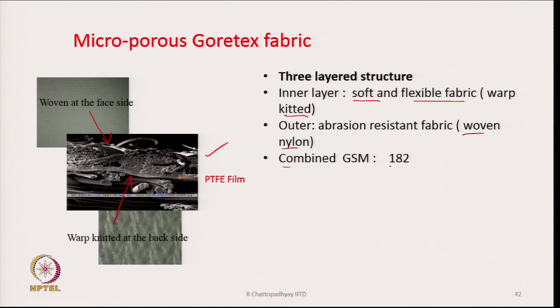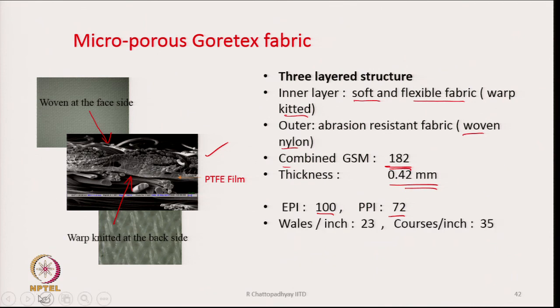Combined GSM is 182, that is gram per square meter, and then thickness is around 0.42 mm. Ends per inch and picks per inch of the open fabric are around 100 ends per inch and 72 picks per inch, and wales per inch and courses per inch were found to be around 23 and 35.